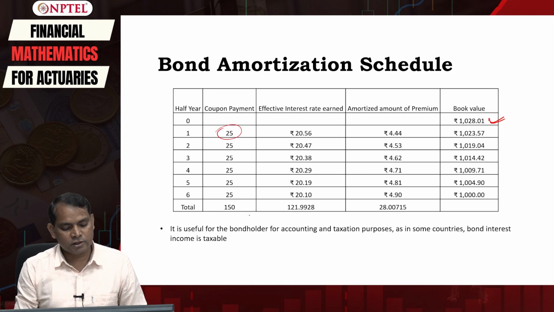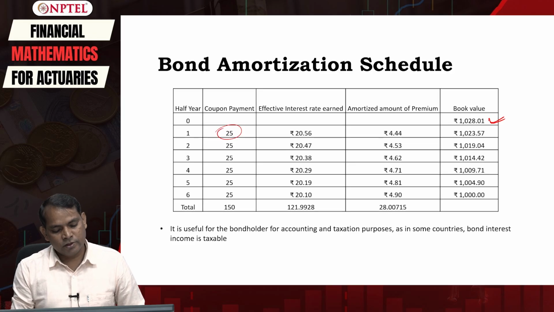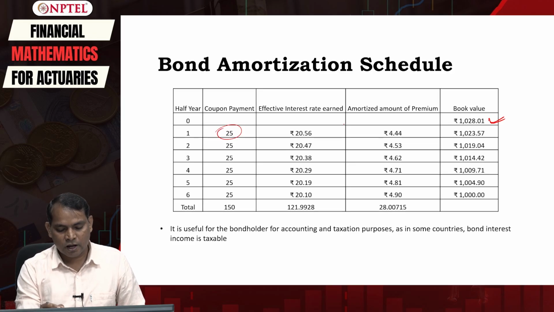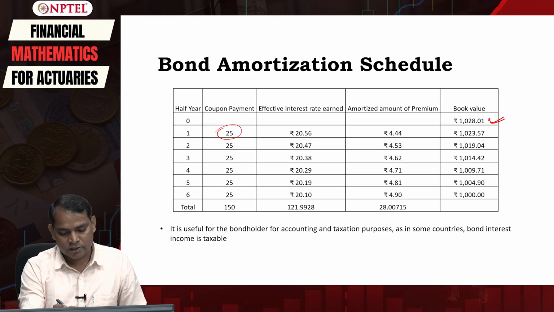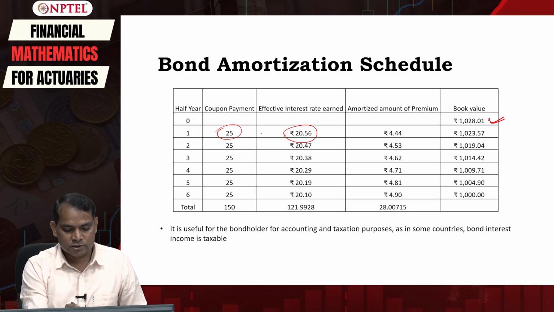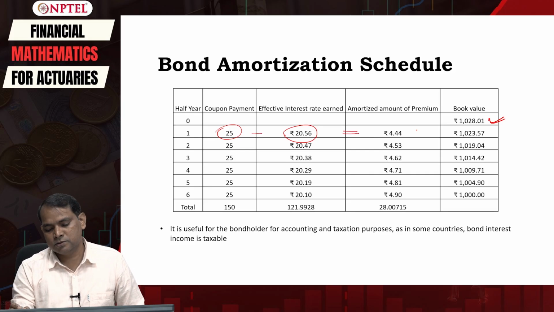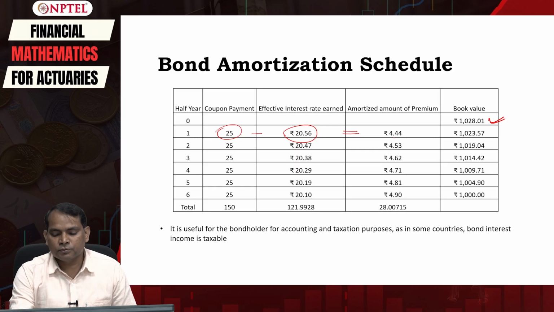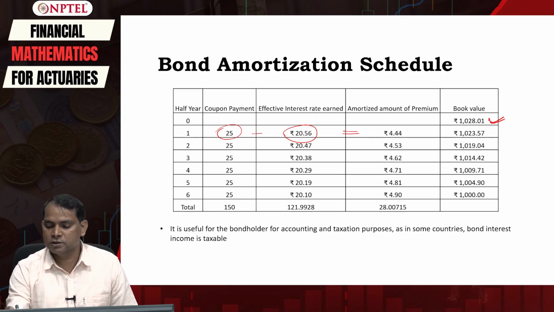Every time you are making the same coupon payment, but the effective interest earned is usually higher over the period of time. Initially, you have computed this as 20.56. Therefore, the amortized amount is this minus this, which gives 4.44, and then this minus this will give us this value.